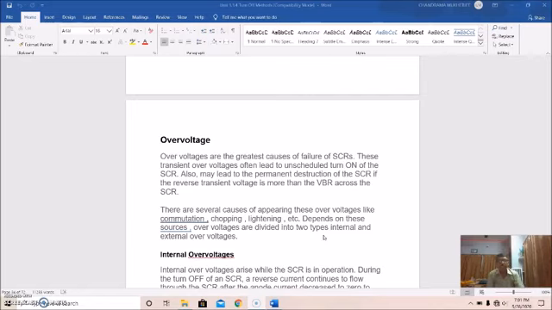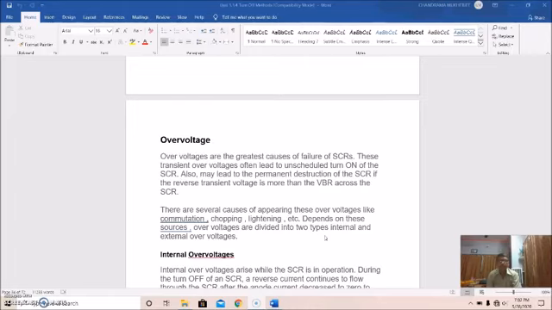Transient overvoltage often leads to unscheduled turn on of the SCR, and may lead to permanent destruction of the SCR, if this reverse transient voltage is more than the reverse recovery voltage across the SCR. There are several causes for this overvoltage, like commutation, chopping, lightning, etc.